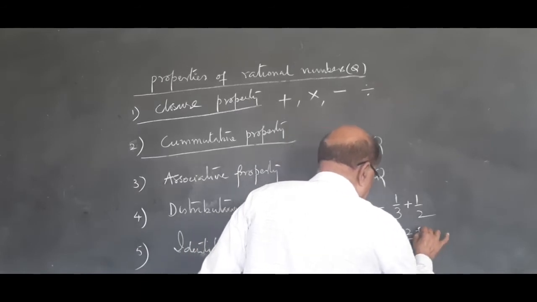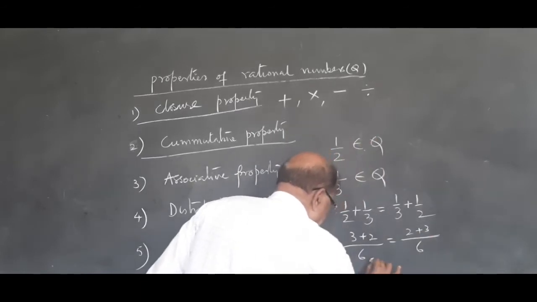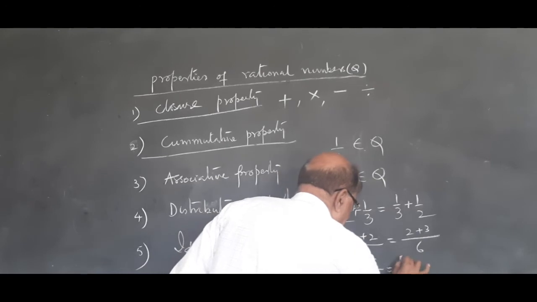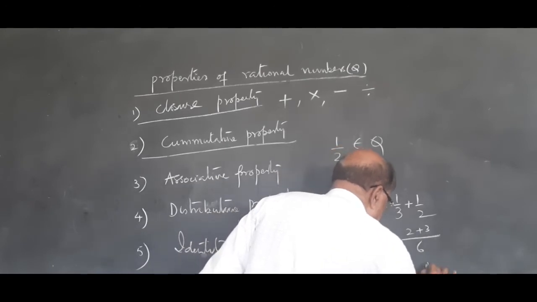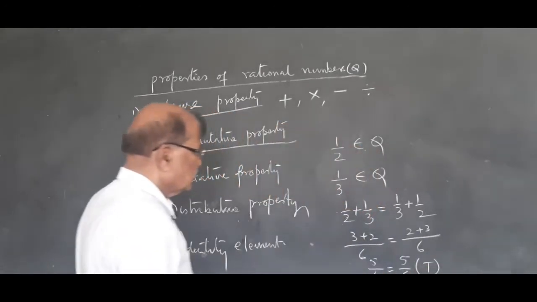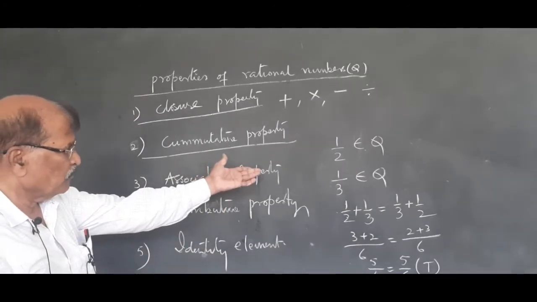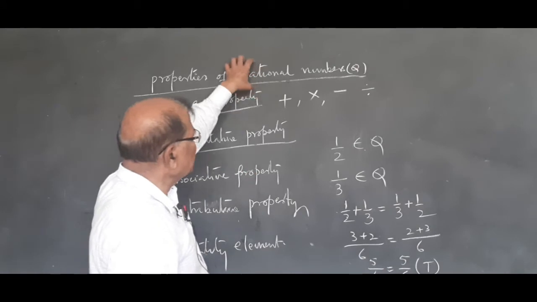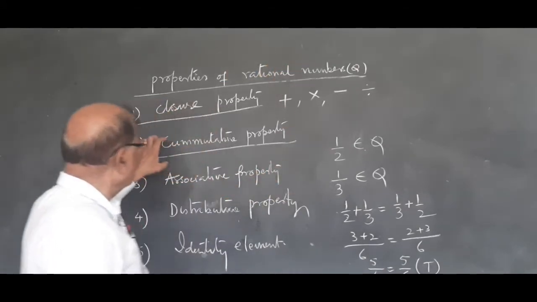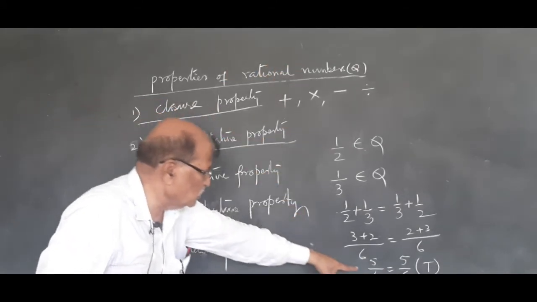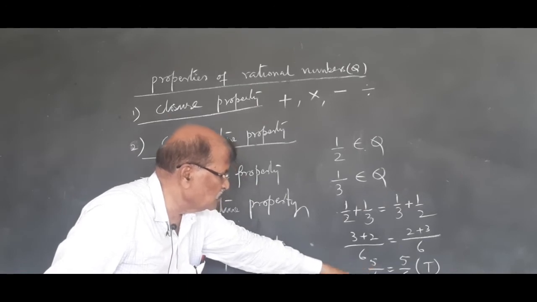Here 2 plus 3, so you are getting 5 by 6, here also you are getting 5 by 6. It is true. So in rational numbers, commutative property holds good, stands true.